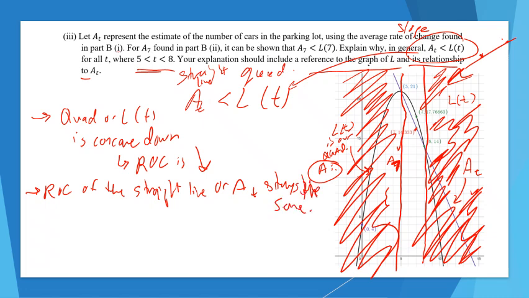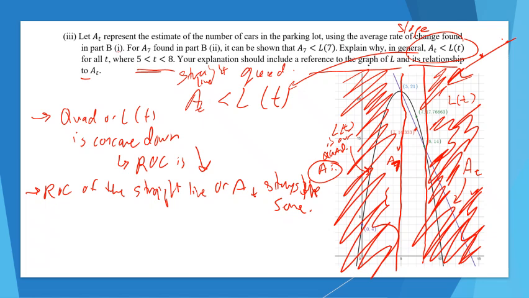Handwriting is not the best, but that's okay. It stays the same because it's a straight line, right? All linear lines have the same slope. Because of this, the black line will always be above the purple line between those two endpoints, 5 and 8.